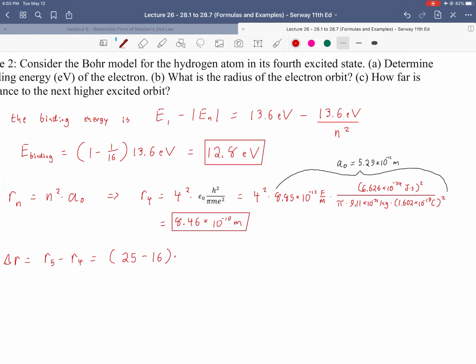And we know that a naught is numerically 5.29 times 10 to the negative 11 meters. Okay, and so then our distance is 4.76 times 10 to the negative 10 meters.